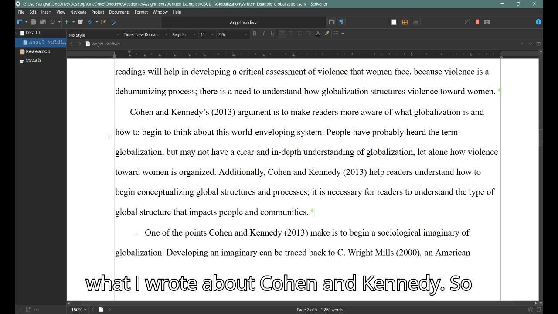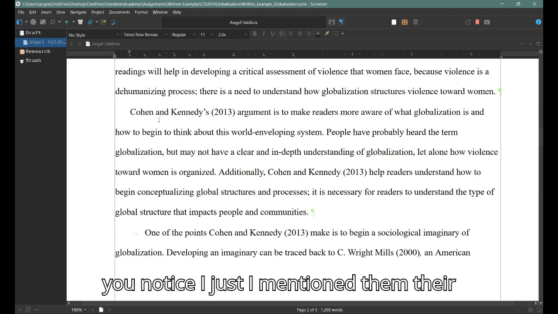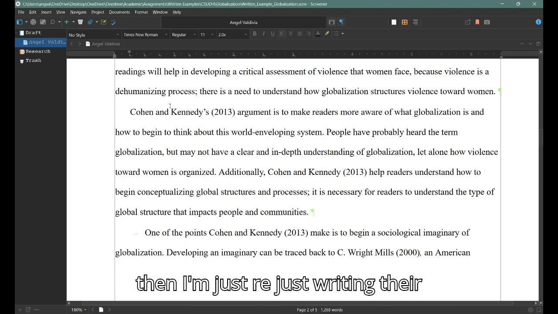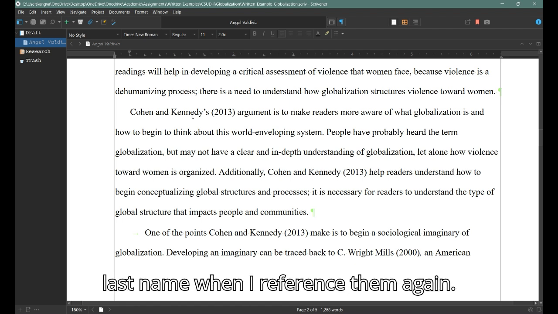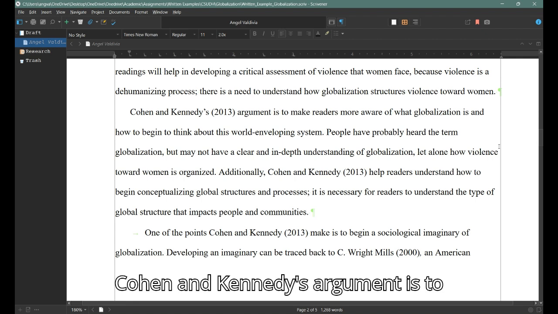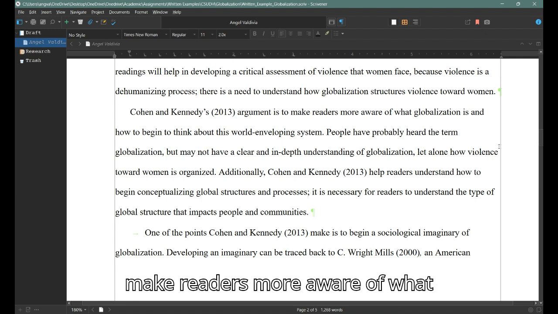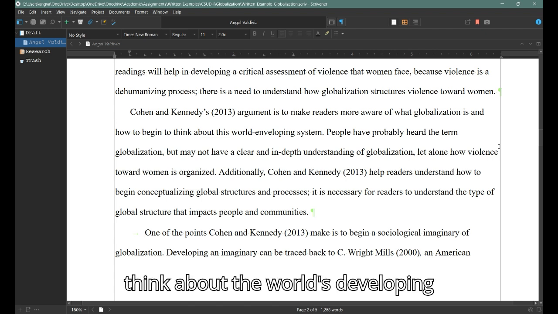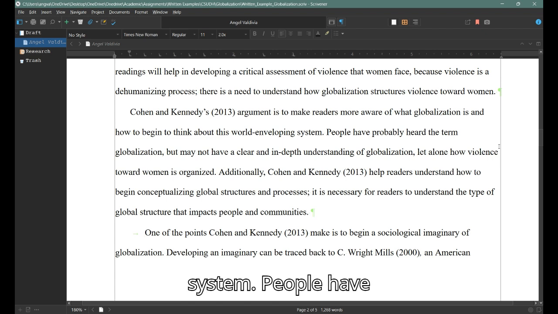So this is what I wrote about Cohen and Kennedy. You notice I mentioned their full names at the beginning, and then I'm just writing their last names when I reference them again. Cohen and Kennedy's argument is to make readers more aware of what globalization is and how to begin to think about the world enveloping system.